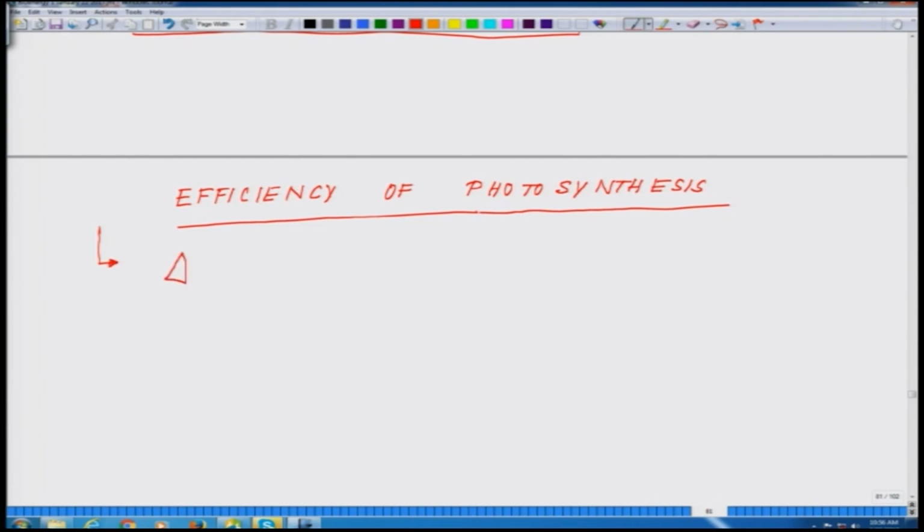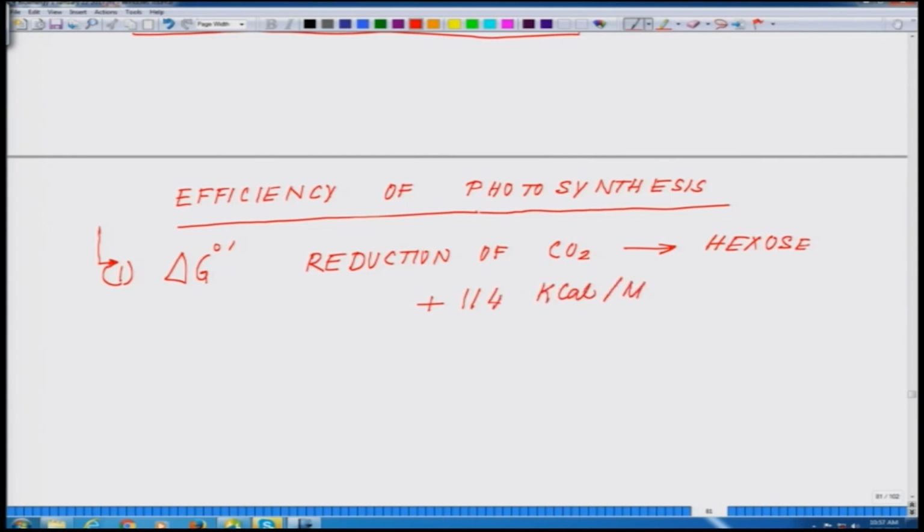So, the first thing is the delta G 0 prime for the reduction of CO2 to hexose, which is a 6 carbon sugar, is plus 114 kilocalorie per mole.